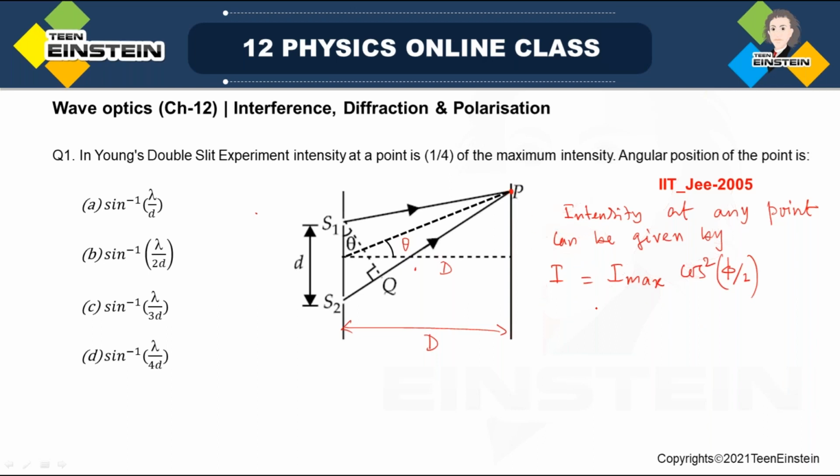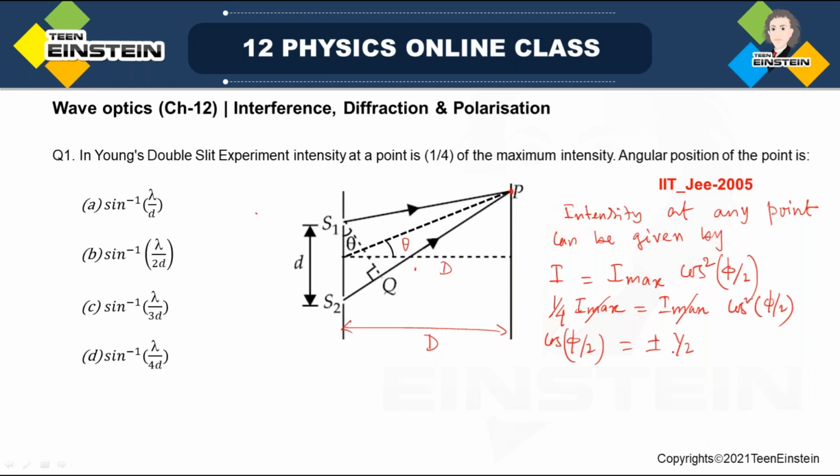Now look here, my intensity at this point P is 1/4 of I max, and that is equal to this. We can write cos square phi by 2. So I max goes, so we get cos phi by 2 equals plus minus 1 over 2.